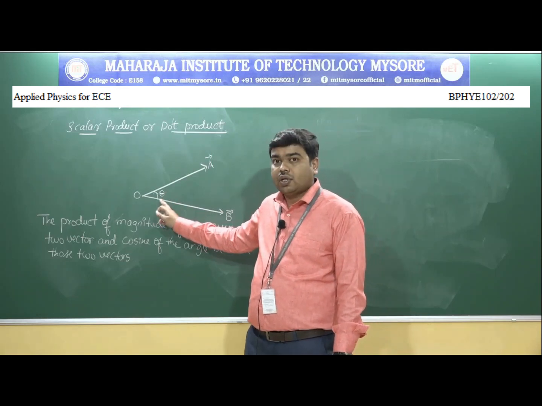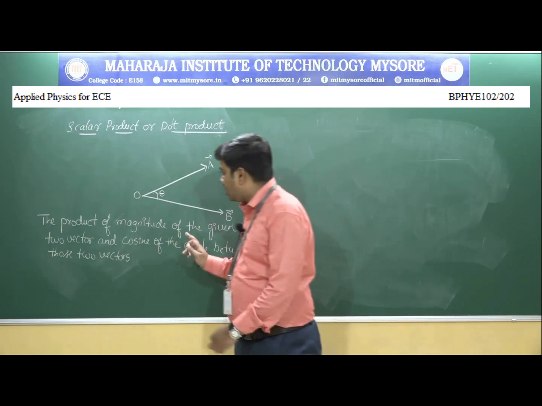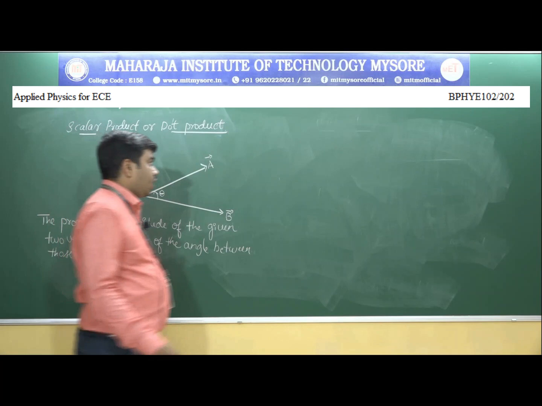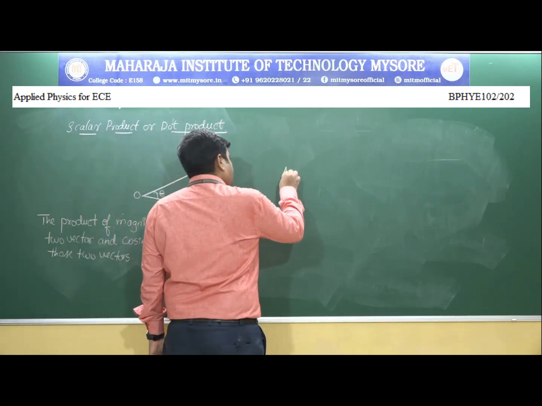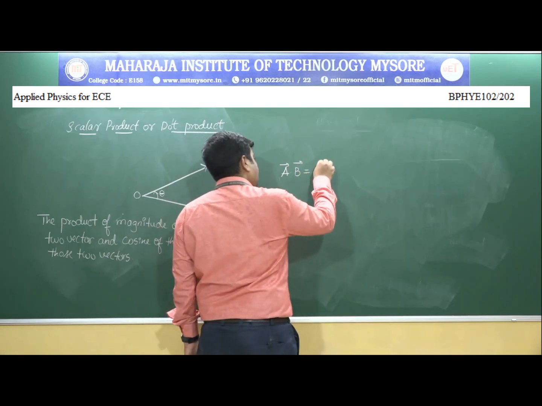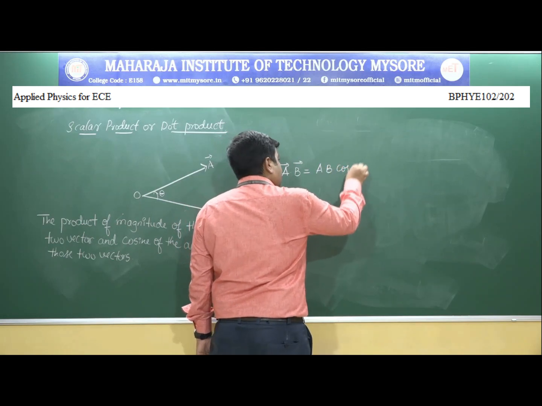The angle between those two vectors is given by theta, so it is cosine of theta. So we can write the scalar product in the mathematical form as vector A dot vector B is equal to A B cos theta.